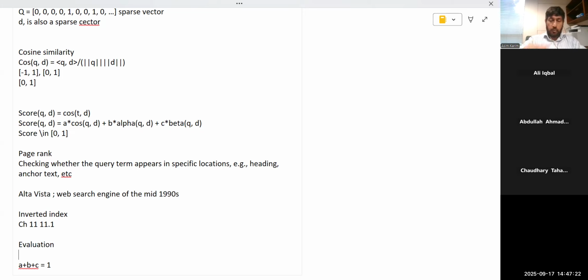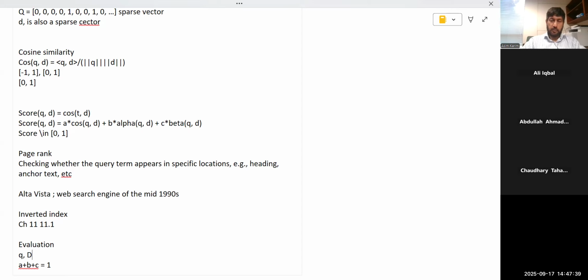All right. So how do you evaluate? So we have a query, ठीक है? And this query is sent to a document collection D. D is the document collection.